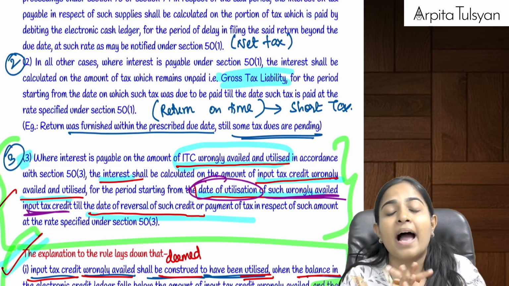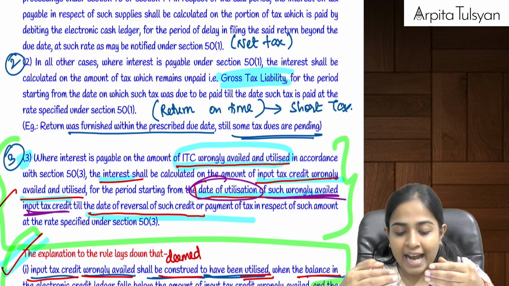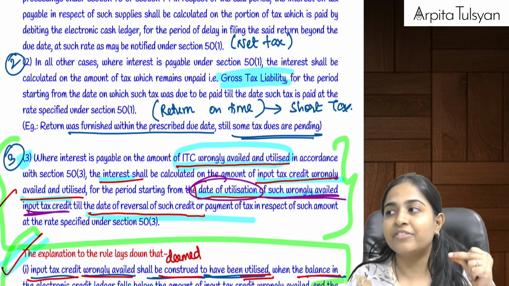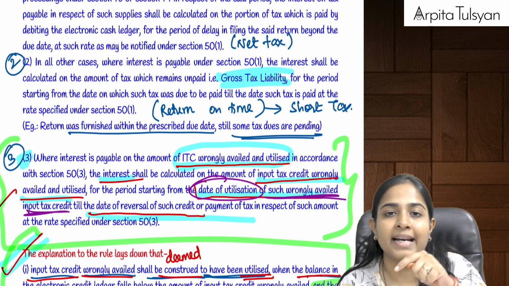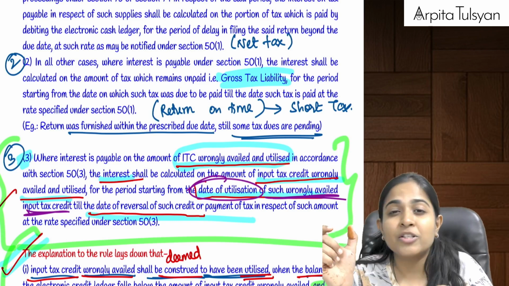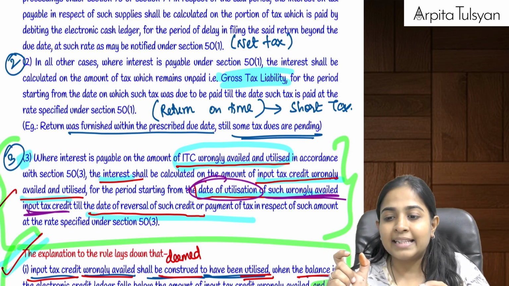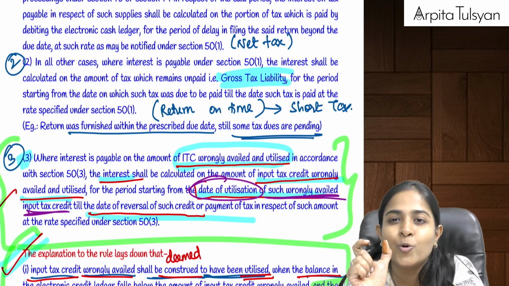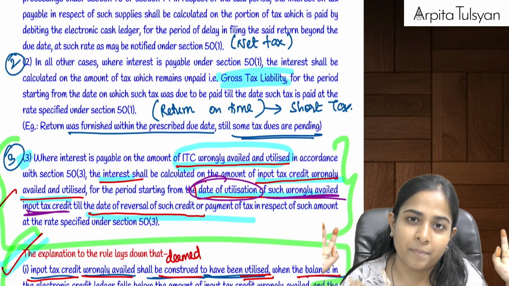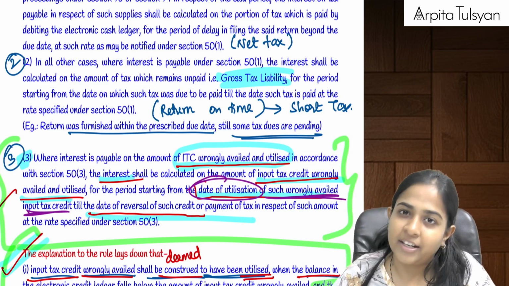Now listen. Correctly availed ITC 20 lakhs, wrongly availed ITC 10 lakhs, total ITC 30 lakhs. If the balance in your input tax credit ledger goes below 10 lakhs, how much was my wrongly availed ITC? It was 10 lakhs. So the government is telling that till the time you don't use this 10 lakh, we don't have any problem. But as soon as you use this 10 lakh, we are going to charge interest from you.